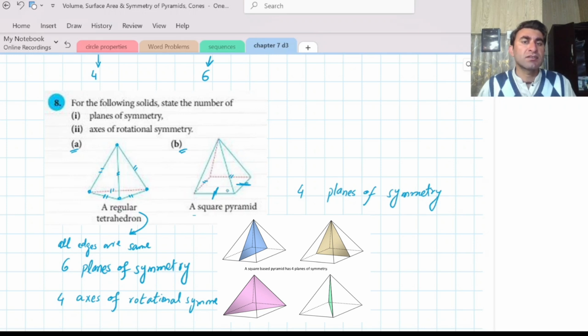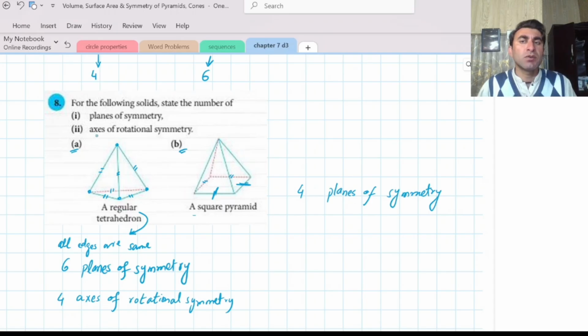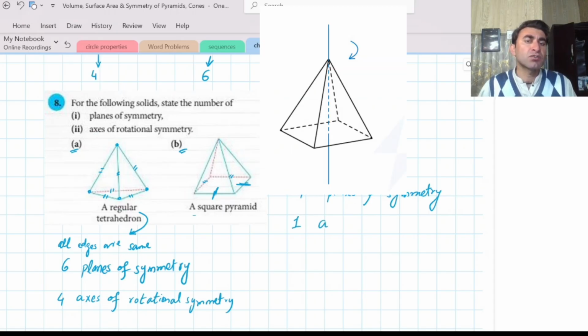So there are 4 planes of symmetry. And about the axis of rotational symmetry, there is only one axis of rotational symmetry, which is basically passing through the center of the base of this pyramid.